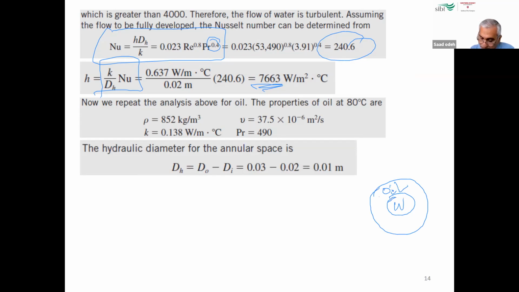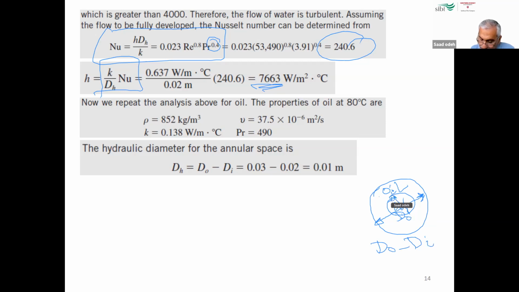So the diameter of this passage here for the oil is not the complete diameter of the outer tube. It's D out minus D in, because we have two diameters here.